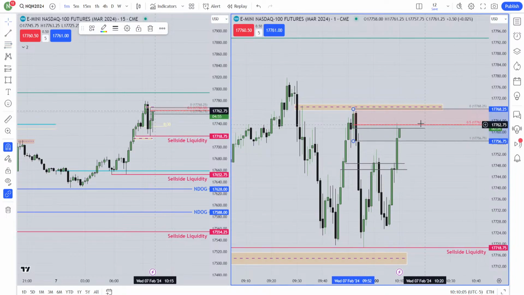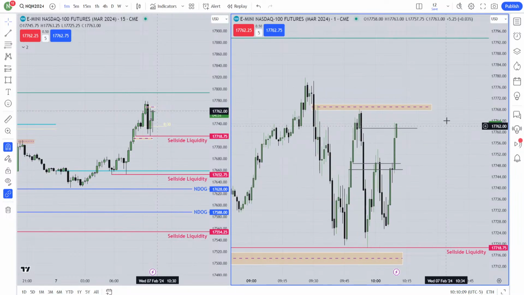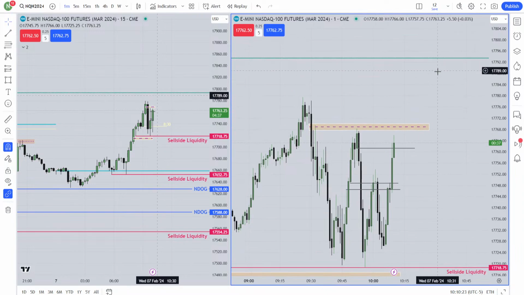It is at the same level, so I'm not going to mark the mean threshold. If the market's bias is bullish, it has to be broken. Now ICT always talked about the 3 PDR: order block opening, mean threshold, and the parabolic gap. If the 3 are broken, this is your target, man. This buy side liquidity is your target.